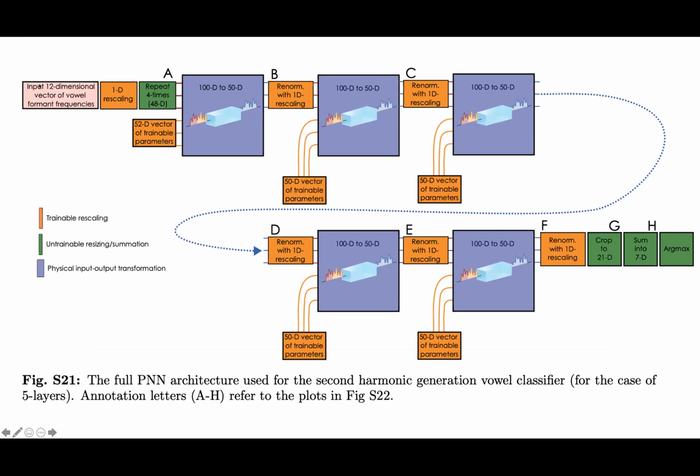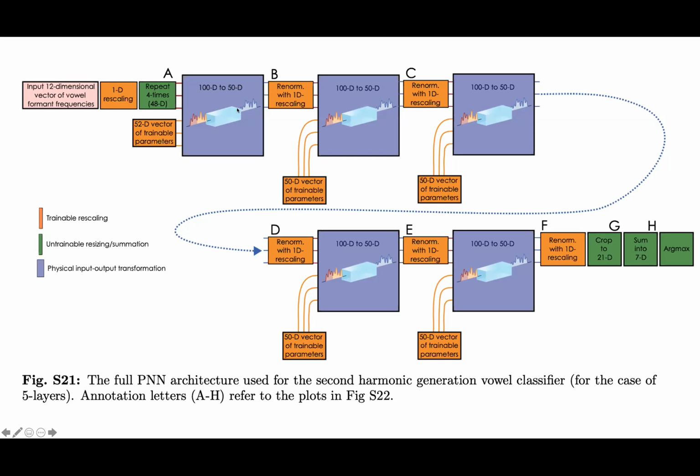Okay, so the input is a 12-dimensional vector of vowel formant frequencies. Anyway, it's just 12-dimensional input, 1D rescaling, trainable, and repeating. So it's just repeating 4 times. And this is together with a 52-dimensional vector of trainable parameters as input. And then the total input is 100-dimensional.